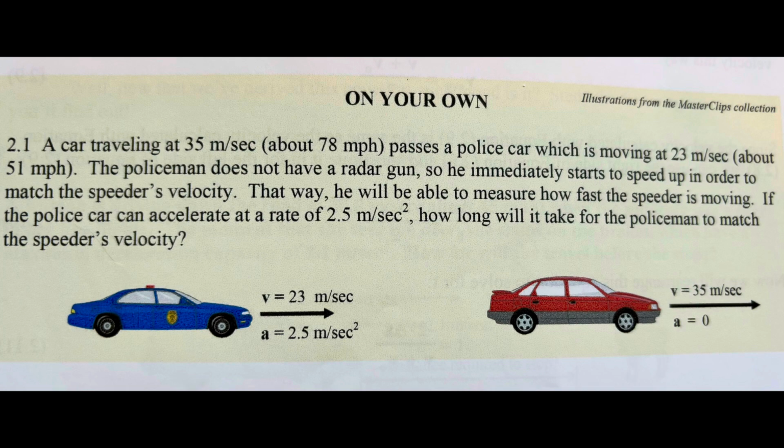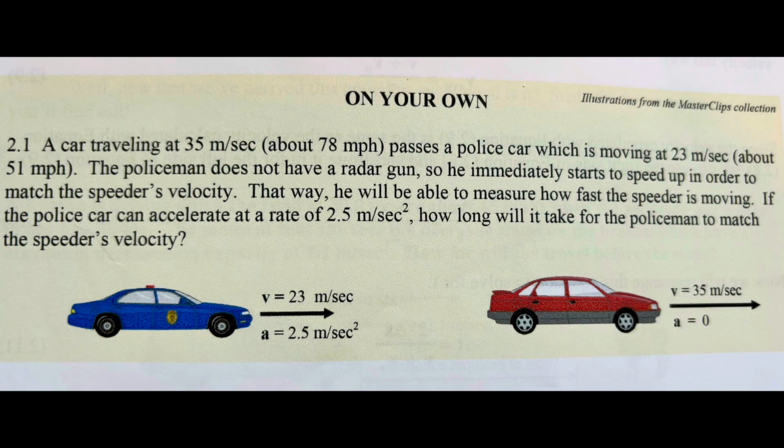The policeman does not have a radar gun, so he immediately starts to speed up in order to match the speeder's velocity. That way, he'll be able to measure how fast the speeder is moving. If the police car can accelerate at a rate of 2.5 meters per second squared, how long will it take for the policeman to match the speeder's velocity?